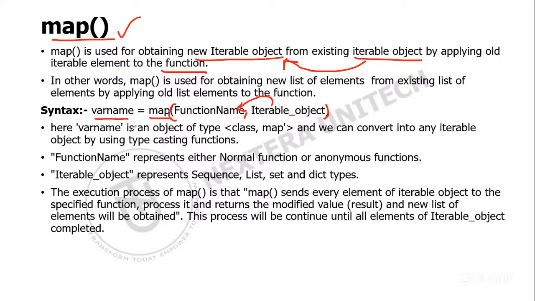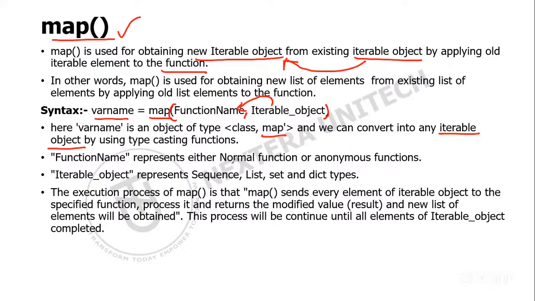If you see here, the explanation for the map function, what type of object is it? It is a map object. And we can convert this map object to any iterable object, like how we are able to convert filter to other iterable objects. In the same way, even map can be converted to other iterable objects.